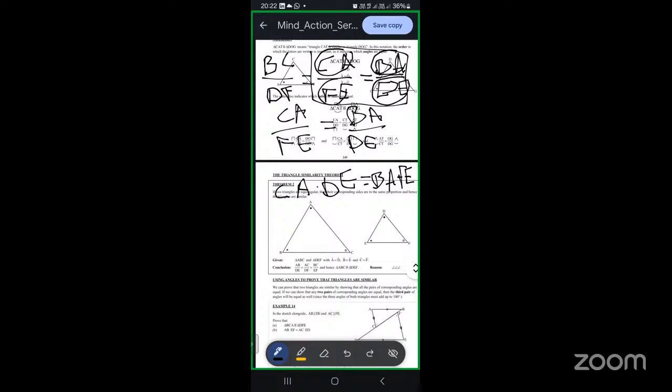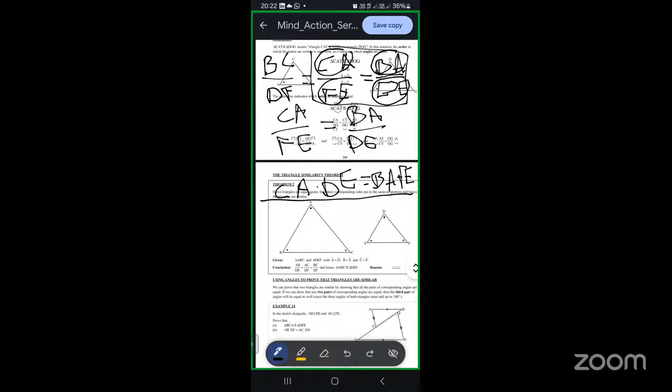You said CA over FE, and BA over DE, yes, but I opted to say BA over CA equal to DE over FE. So it's sides from the same triangle equal to the ones that are proportional to it from the other triangle. Oh, let me just write what you are saying, maybe I will understand.